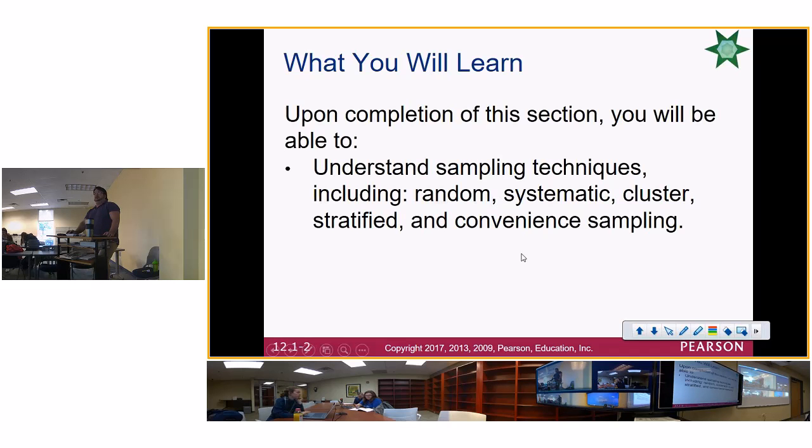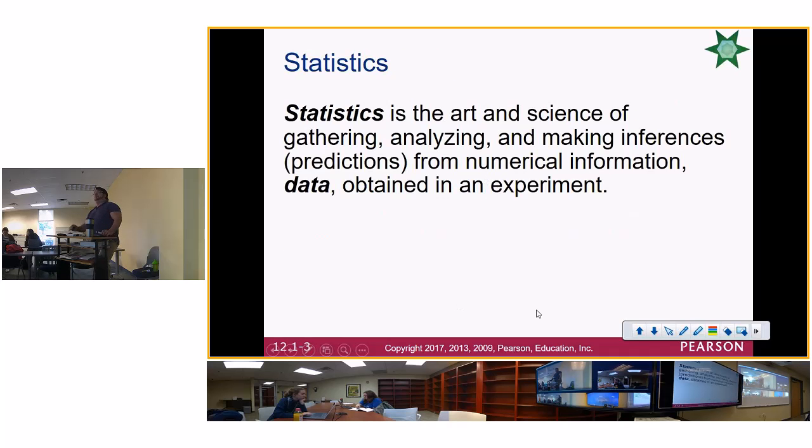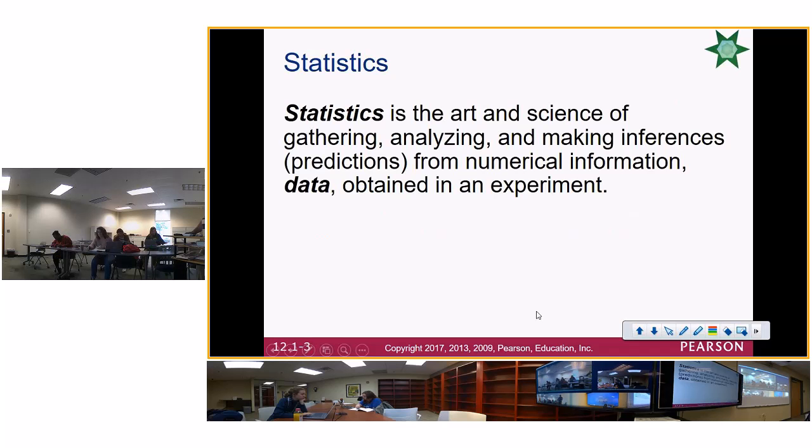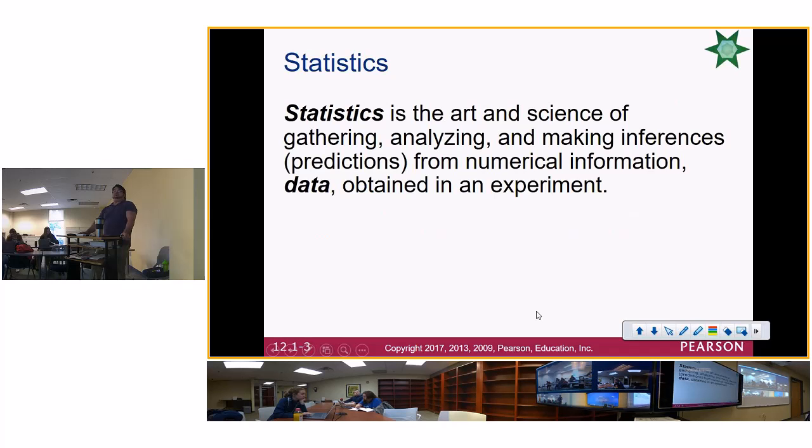So write that down. You don't have to write it word for word. Just say the science of gathering, analyzing, and interpreting data. Basic math. It's basic math. There's no algebra involved.